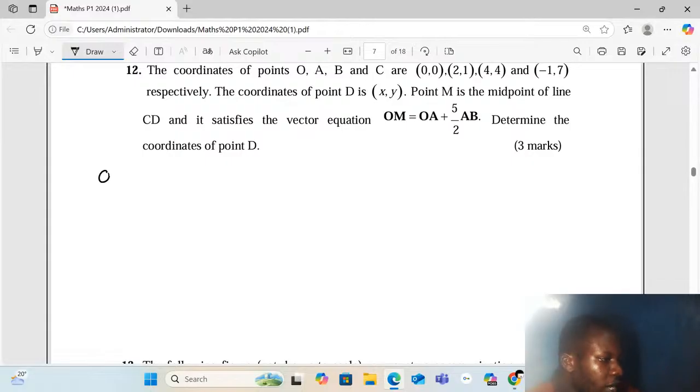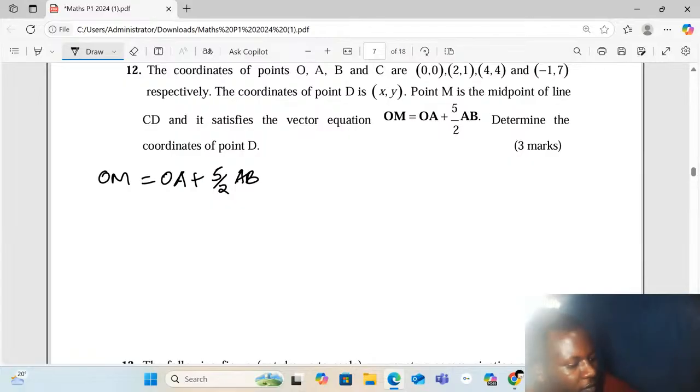Now we are given OM equals OA plus 5 over 2 AB. Now OA, A is 2, 1.